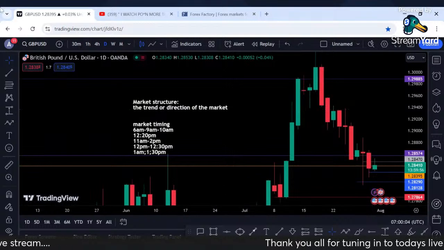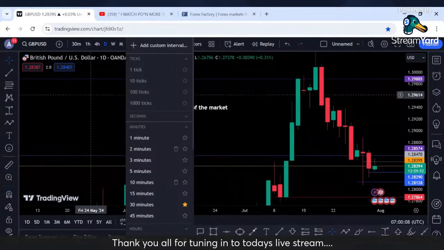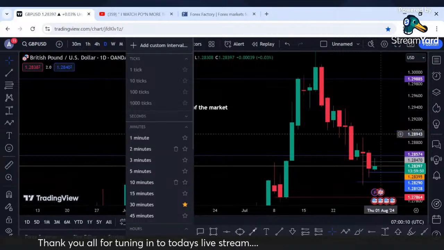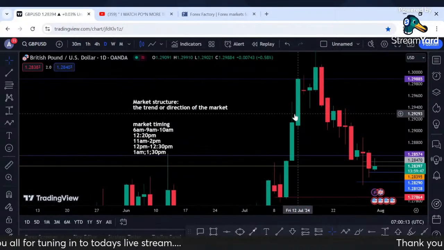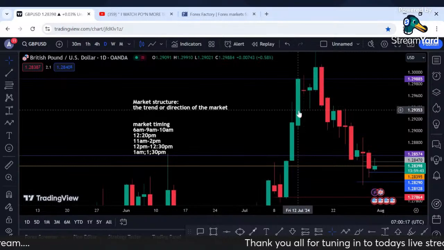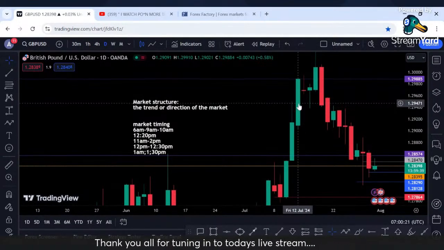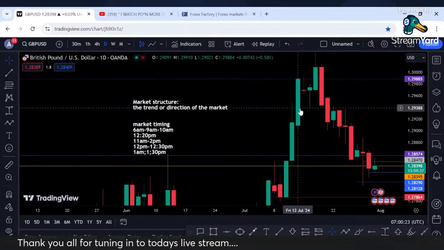H4 is a time frame. You see the market with the candles that you see on the chart. This is a daily time frame. What it means is what? For every day, one candle is formed. You get it?